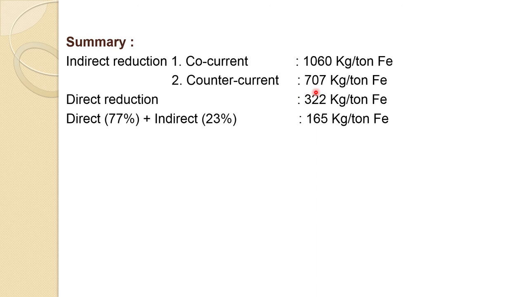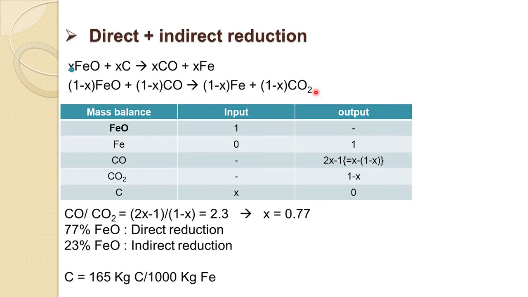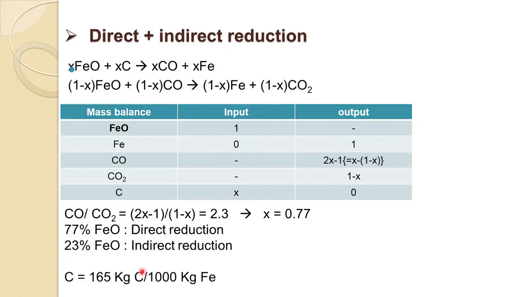So, in that way probably you are playing between these two, direct and indirect reduction, and trying to optimize, but certainly there is always room where this can be optimized and carbon consumption can be brought down further to save the coke consumption in the blast furnace.